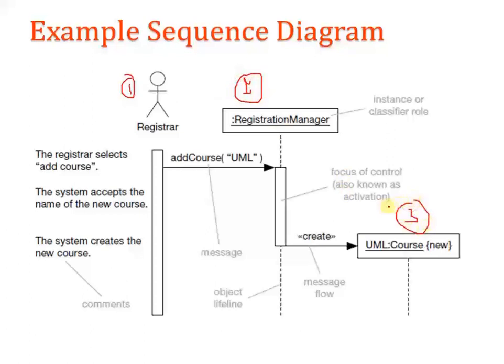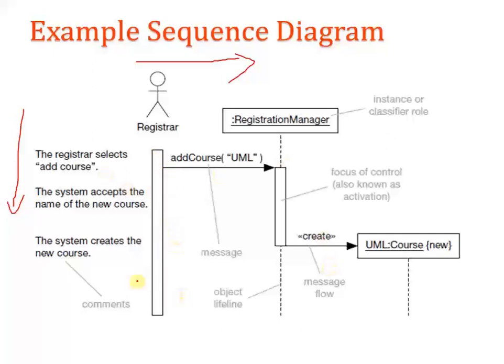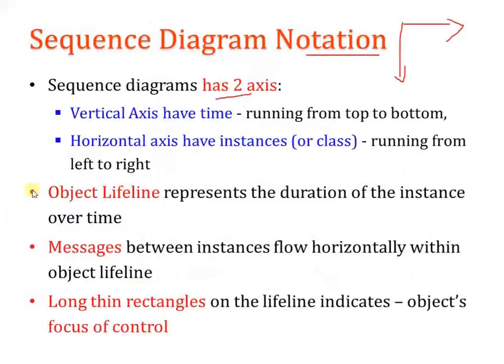This sequence diagram is drawn in two axes, as I've already mentioned. On the horizontal axis, we represent the objects, that is register, registration manager and UML course, from left to right. Similarly, we have a vertical axis also, which shows the lifeline of the particular object. The next parameter is called the object lifeline.